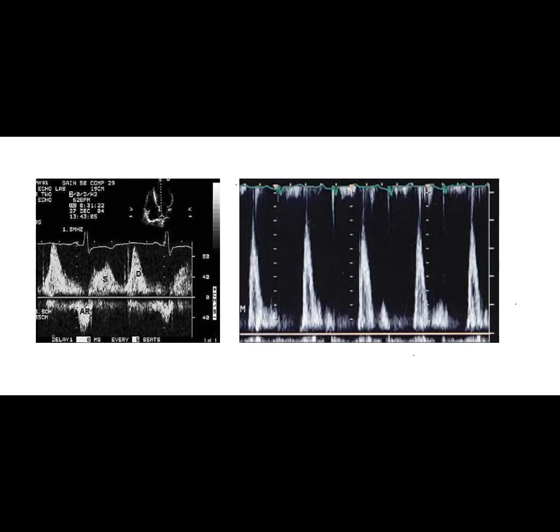So that is D. So that's why I have high D. D corresponds to the E in the mitral inflow, okay? And now the AR, I have high AR because much of the flow goes backward instead of forward, okay? So the more diastolic dysfunction I have, the less the S, the more the D, and the more the AR, okay?